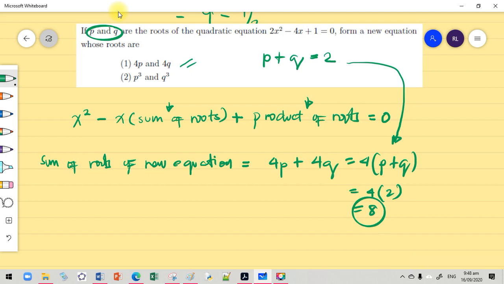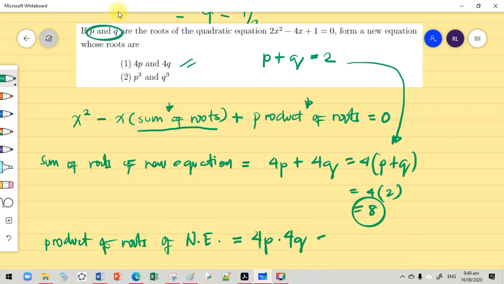So we have that, meaning we can substitute that there. So the product of roots of the new equation is 4p times 4q, and that is 16pq.